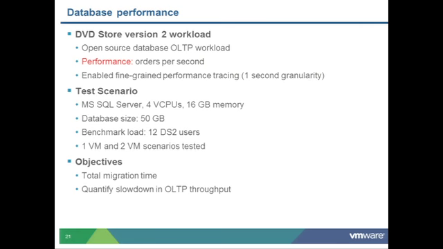For the test scenario, we used a single VM as well as multiple VM scenarios. Each VM was running SQL Server and hosting a 50 gigabyte database. So in a multi-VM scenario, the total size of the database was about 100 gigabytes. And once again, the objectives were the total migration time, and we also wanted to understand the performance impact on the database server during and after vMotion.